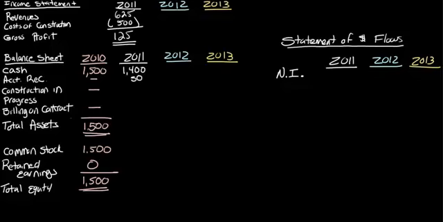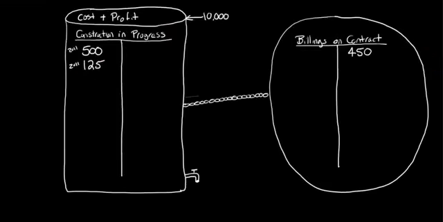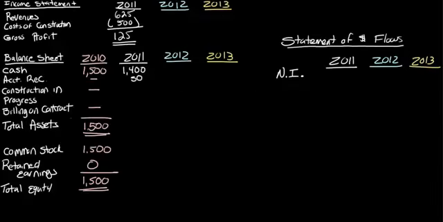Construction in progress. I'm going to jump over here, and we've got this T account set up for construction in progress. At the end of 2011, I have $625 in this account, and my billings on contract, I have $450. So we'll take these then to the balance sheet.